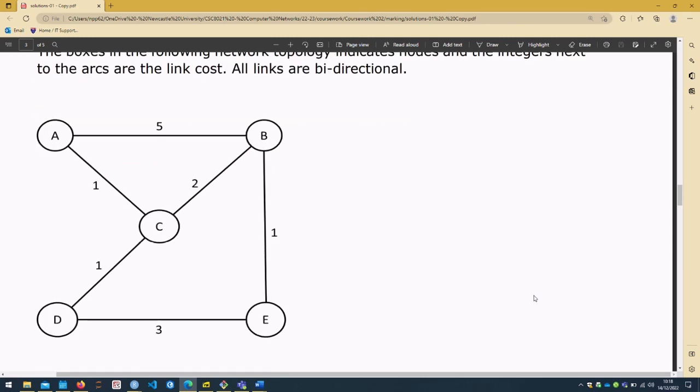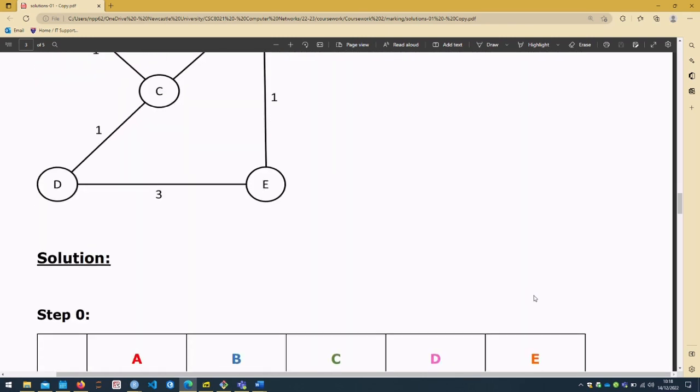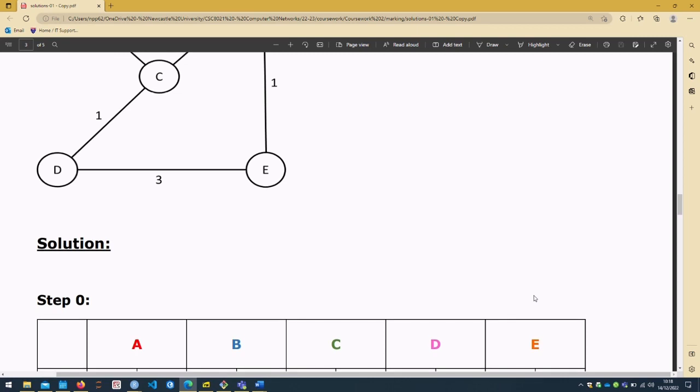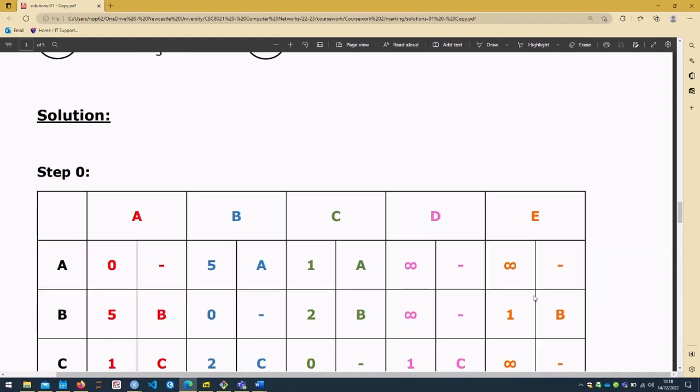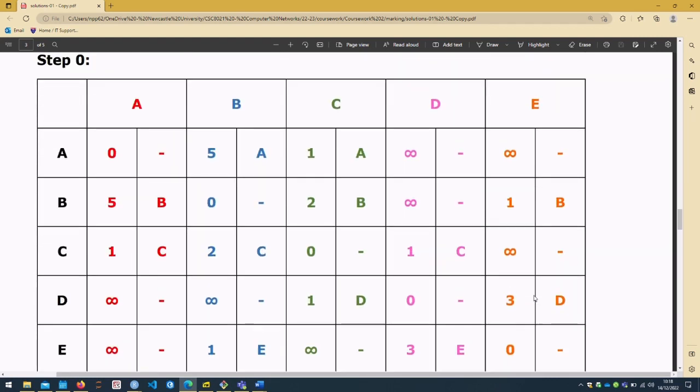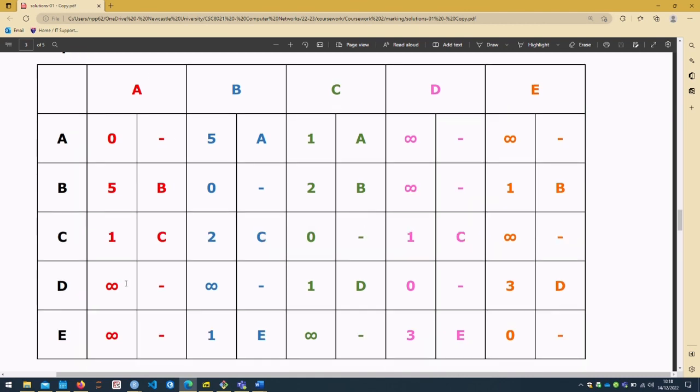So step 0. What do we do in step 0? Each node sees its neighbors, yeah. It's slightly trickier to see, but if we look column-wise first, A sees C and B with their respective costs.